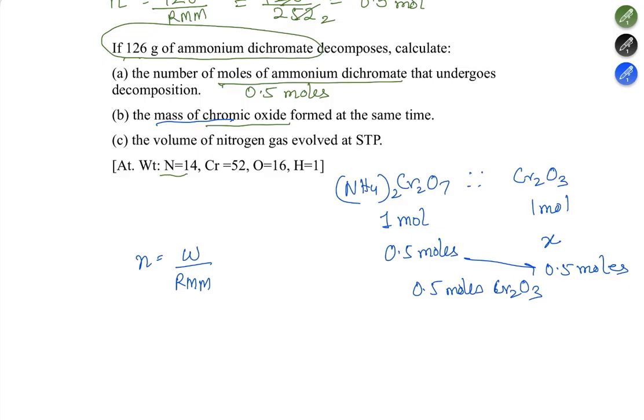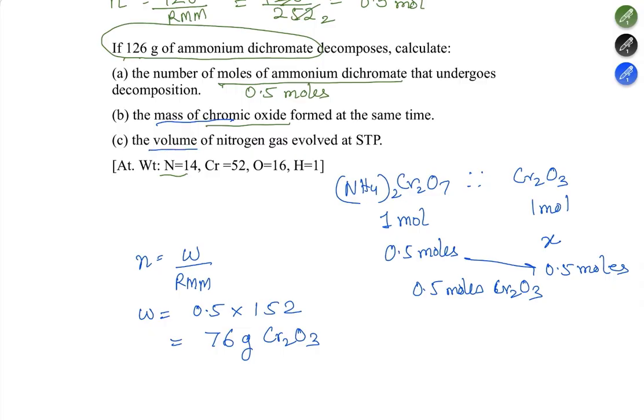We can calculate the RMM, which is 152 gram, and W will be equal to 0.5 times 152. You can calculate it easily in the exam. The calculations are not very hard. You will get 76 gram of chromic oxide formed. So this B part is done.